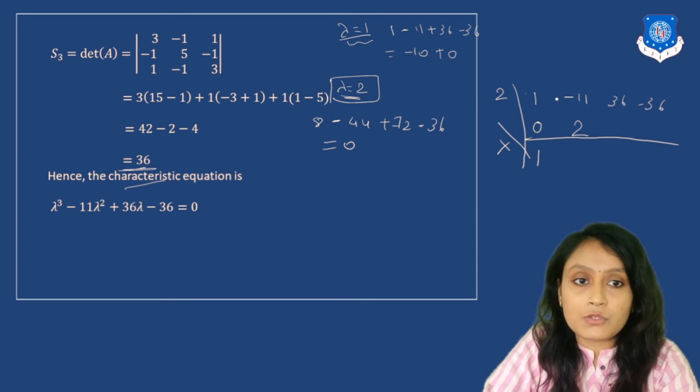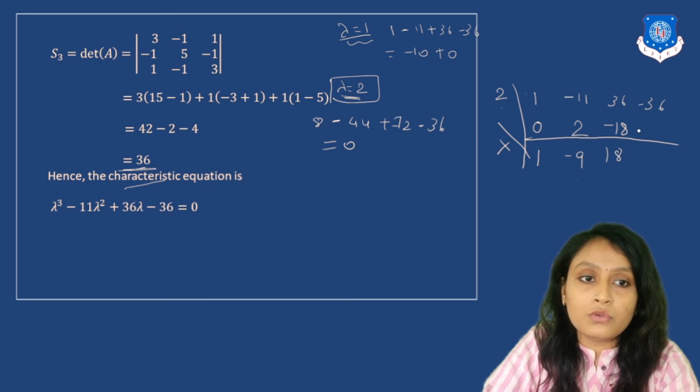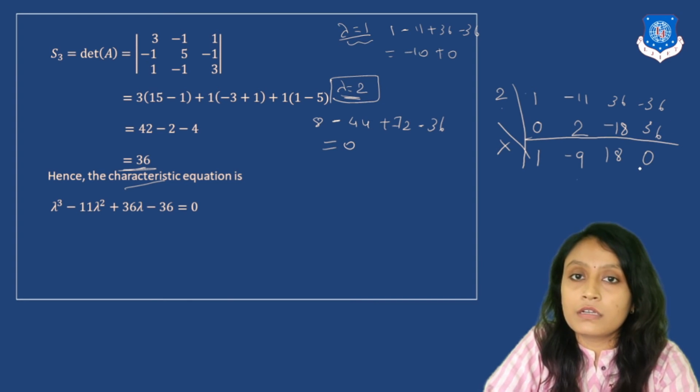Now we will add them. So minus 11 plus 2, you will get minus 9, right? Now we will multiply this minus 9 with 2, so you will get minus 18. We will write this here. Okay, now 36 minus 18 will give you 18. Now 18 into 2 gives you 36. Add them, and it will give 0.